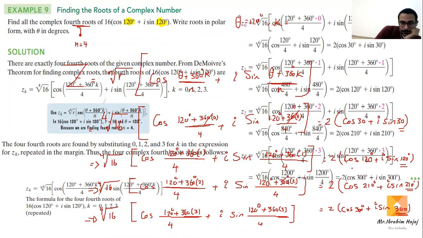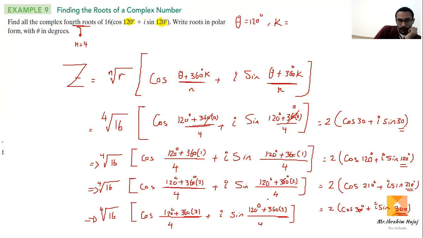No, it's not 110, it's 90. If you substitute 4, try 360 times 4, then add 120 and divide by 4. It increases by 90. 30 plus 90 is 120 and then plus 90 and so on, as we graphed before.